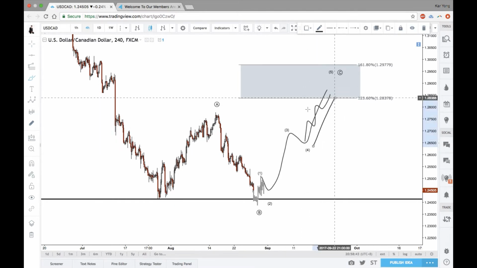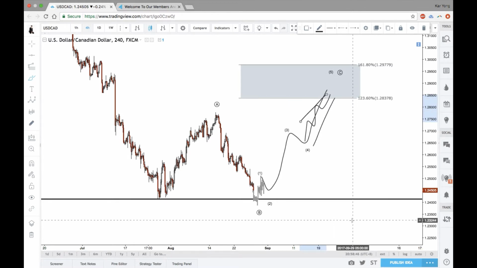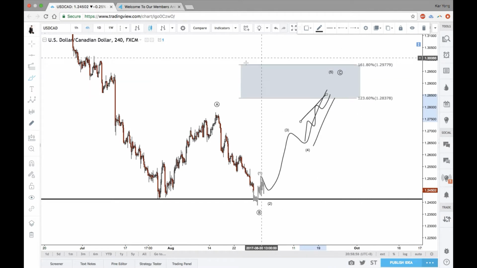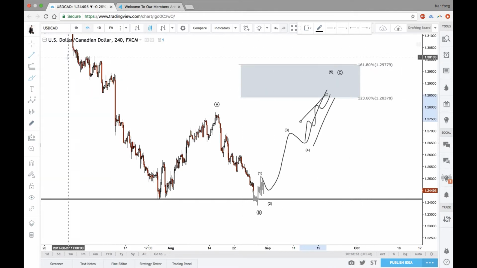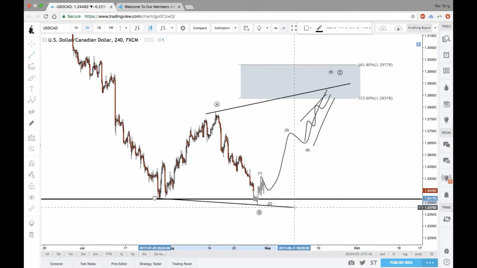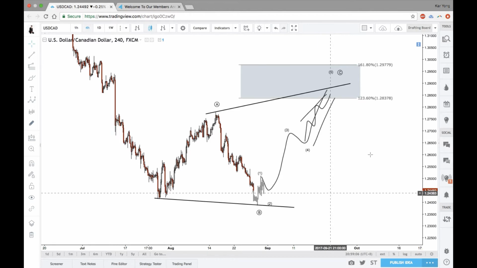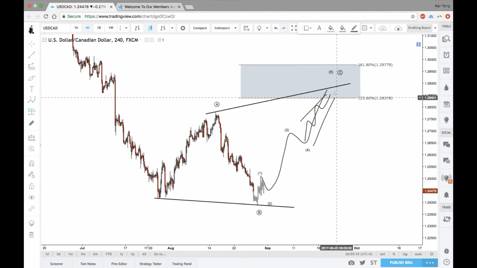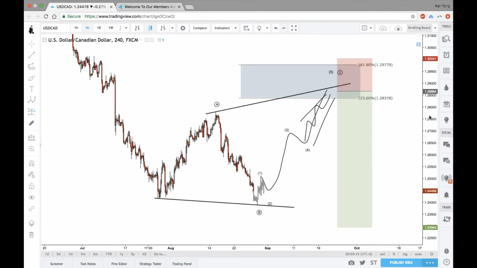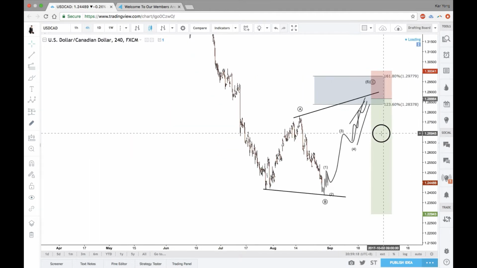It gives me that wedge pattern. Okay, so with that combination of a correct crawling up movement, which is a corrective up move, combined with this fit on higher time frame as an expanding flat, like this, then I can look for a short over here, stop above, and then you can expect it to go all the way down, like this.